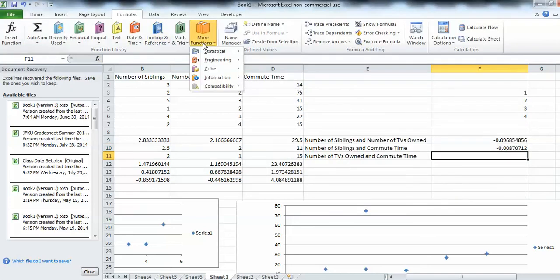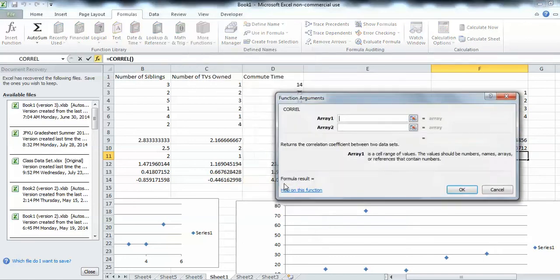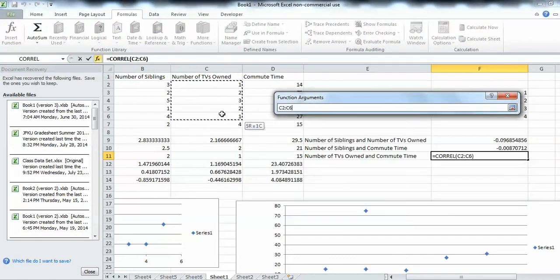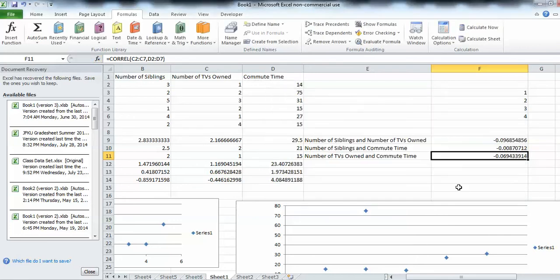And I'll do the same thing again. I'll highlight TVs for array 1 and commute time for array 2. Now I have all 3 of them. If you just show them in your spreadsheet in this type of a way, then that's fine.